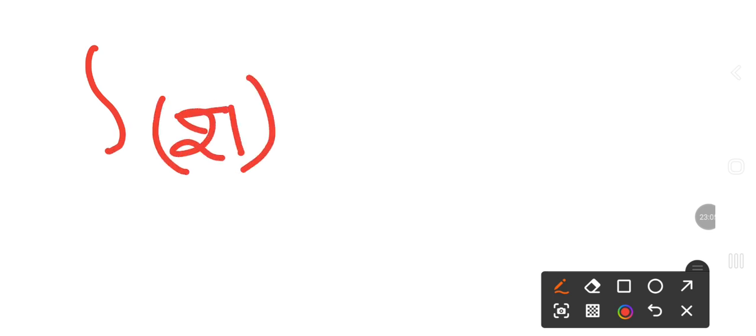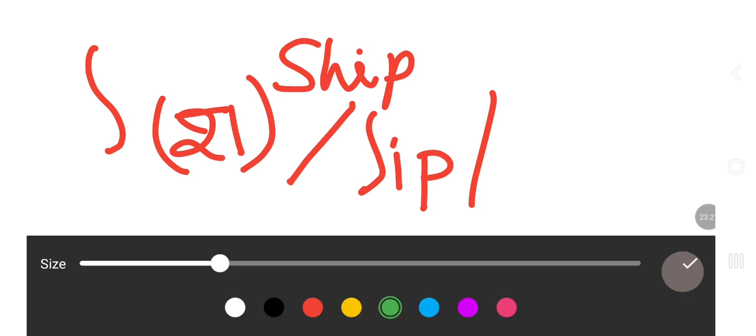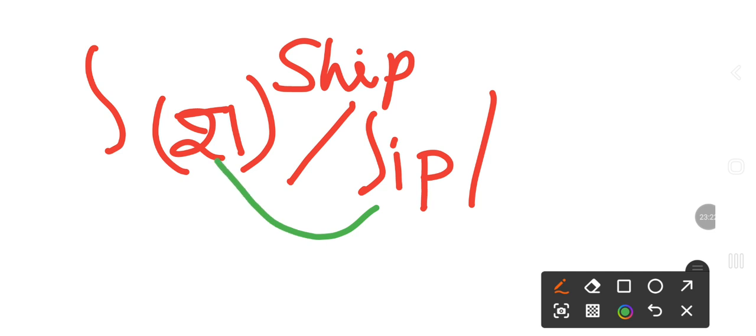Example, ship. So the phonetic transcription is ship. This is the phonetic transcription. This is written sh. This sound is the sh sound. Right? So this is ship.